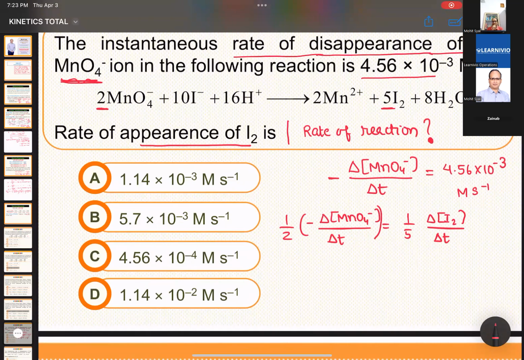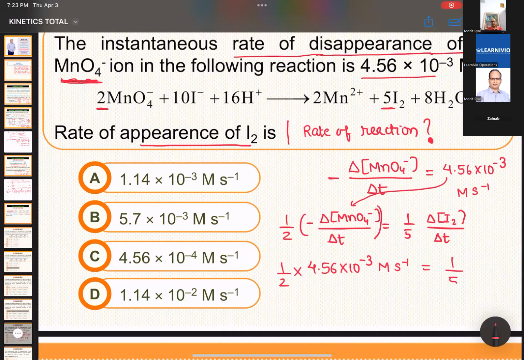Okay. So now I'm going to put this value here, and this is the rate of the reaction itself. So 1 by 2 into 4.56 into 10 to the power minus 3 mole per liter per second. Got it?